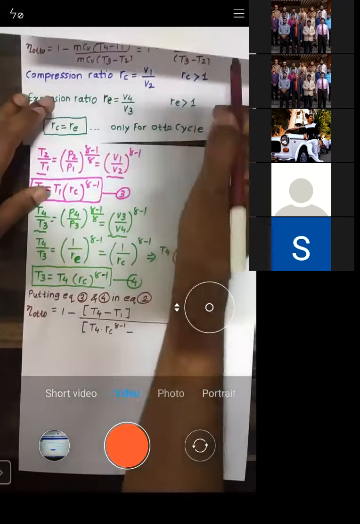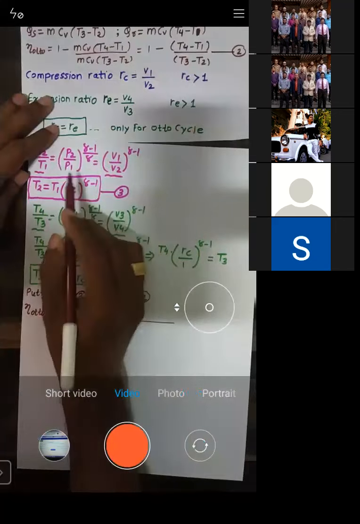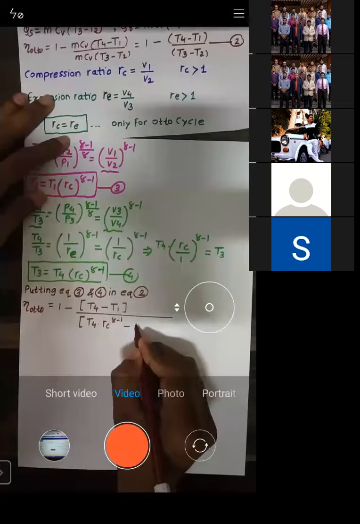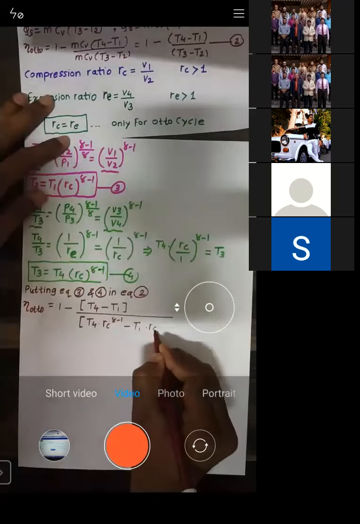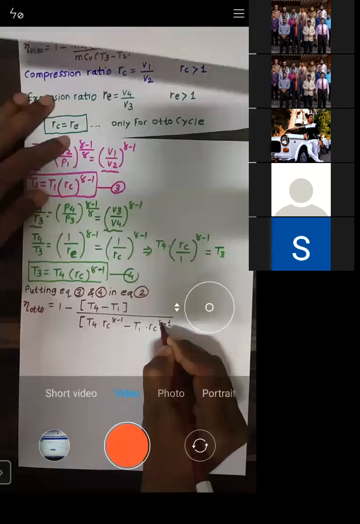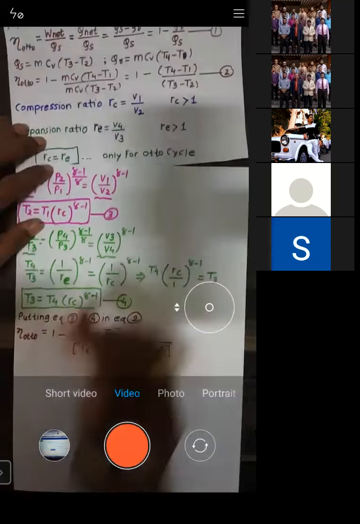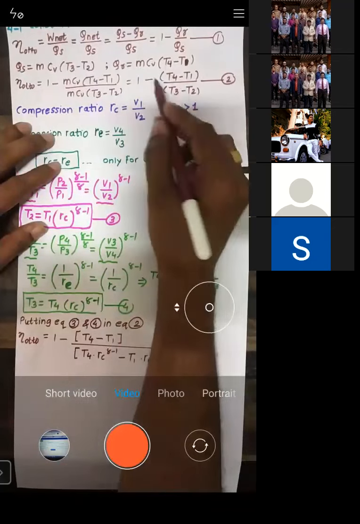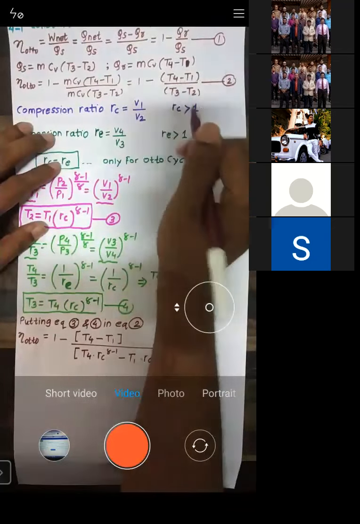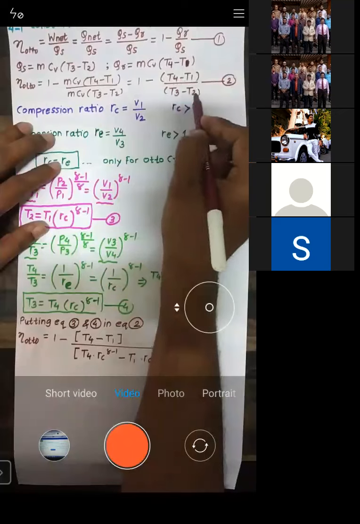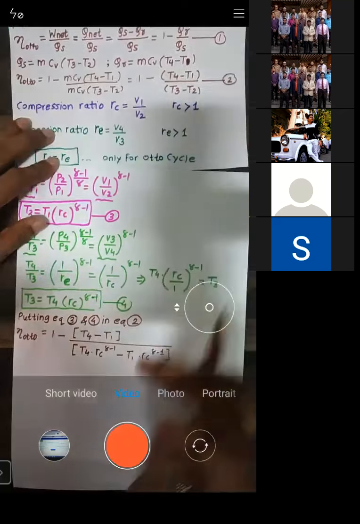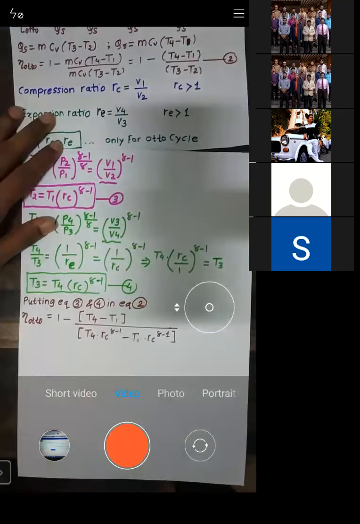Minus T2. What is T2? It is here only. That is T1 into RC raised to power gamma minus 1. See what I did in this equation: T4 minus T1 I kept as it is. Then in the denominator I substituted the values of T3 and T2.